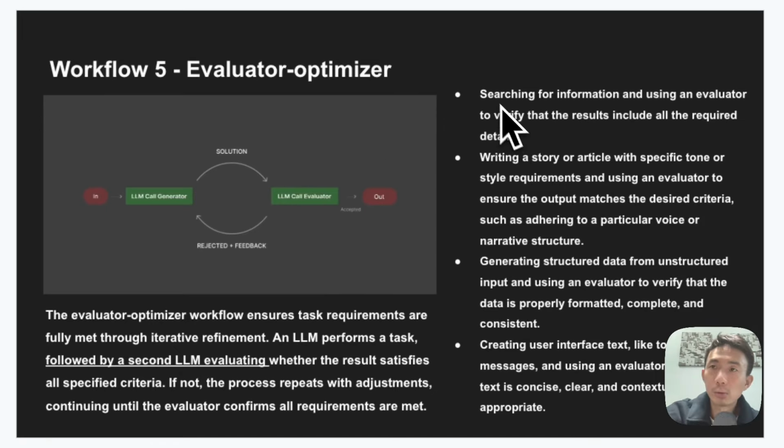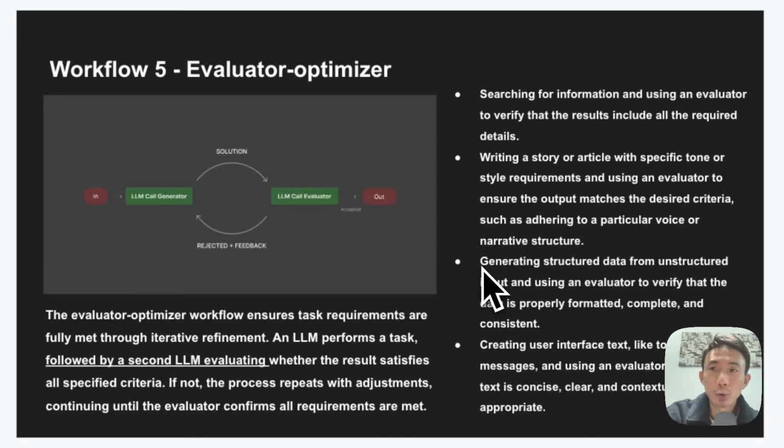For example, a use case can be searching for information and using an evaluator to verify if the results are including all the required materials. Also, for example, writing stories or articles with specified tone or style requirements, and using an evaluator to ensure the output matches the desired criteria.